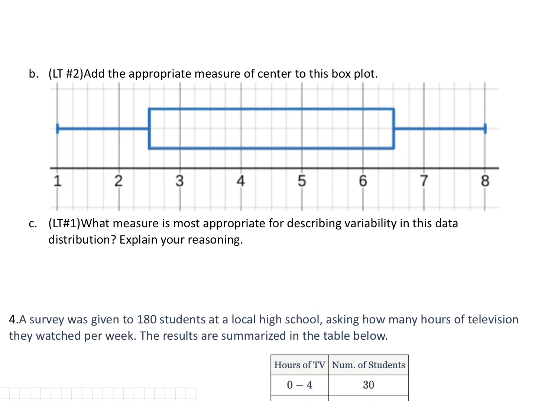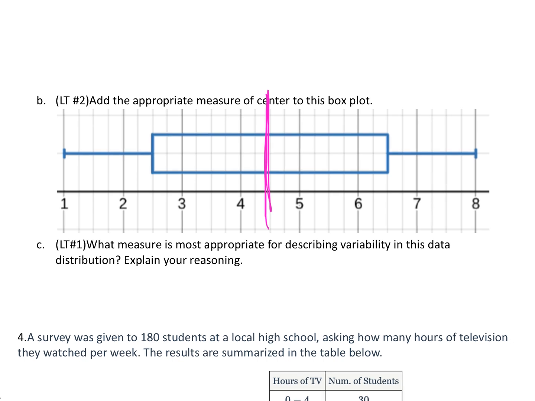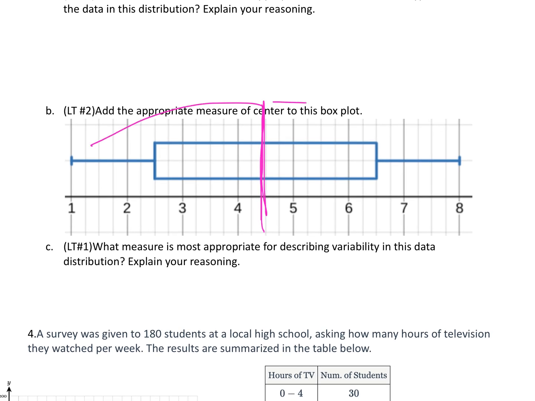And if I look at the box plot that I have here, and I make a line through the center of it, you can see that on both sides, it's symmetric. It looks about the same on both sides. This side looks about equal to this side.